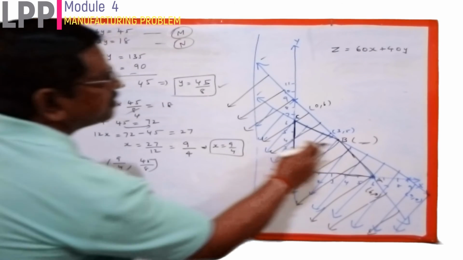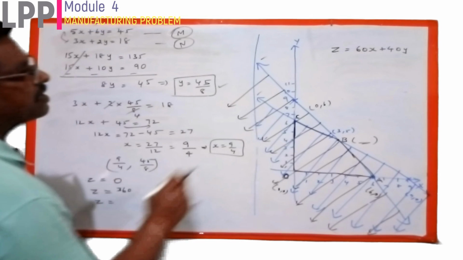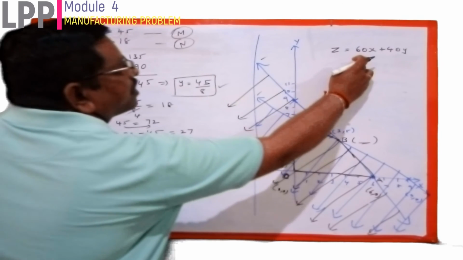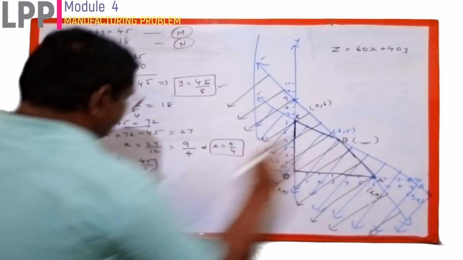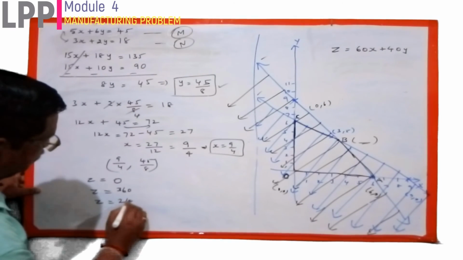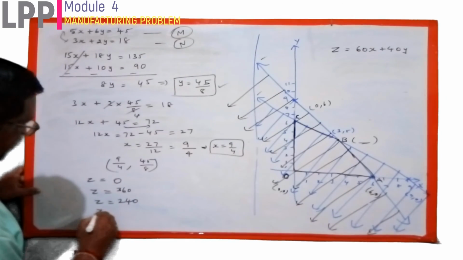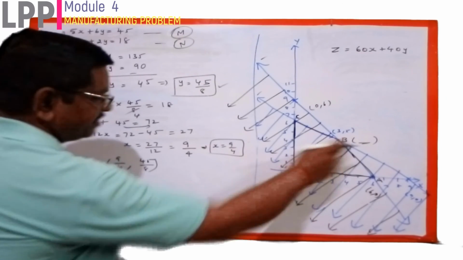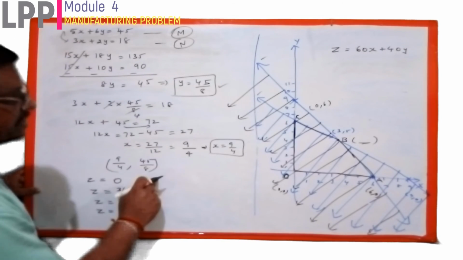Now take this point C, 0, 6. That is 60 into 0, that is 0, plus 40 into 6, that is 240. When I take point B, this is a complicated point, that's why I have taken this as the last one. Substitute it and simplify.